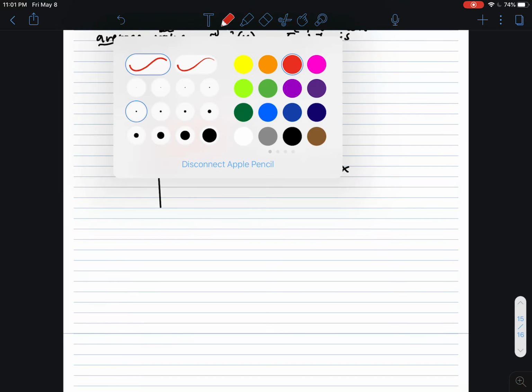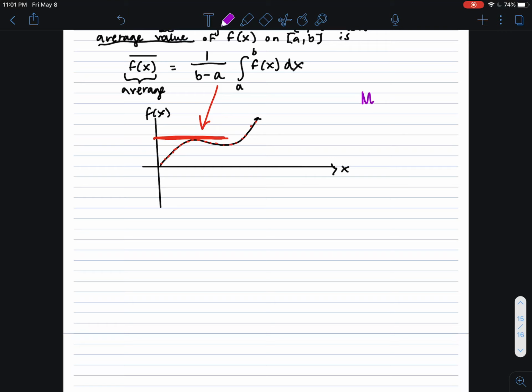One cool thing to note is that we talked about the mean value theorem for derivatives. We called it the MVT. And it's also true for integrals.